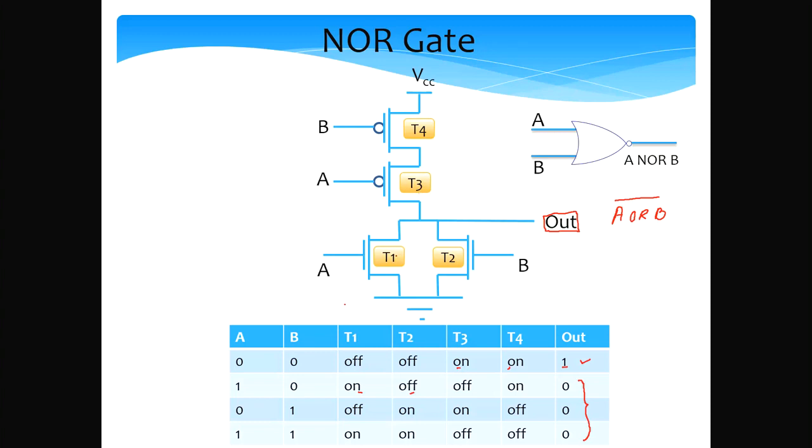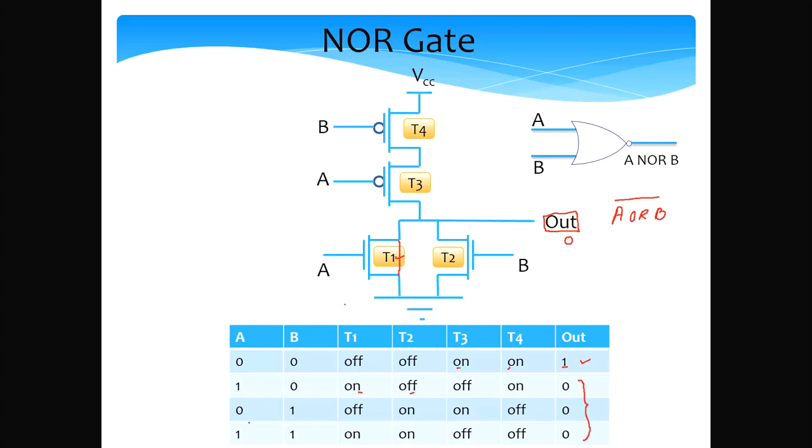But for this input, the transistor T1 is conducting, so the output terminal is directly connected to ground. Essentially we can add a straight line over here showing it is directly connected to ground. As a result, the voltage at the output terminal is equal to the ground voltage, which is 0, and thus the output is a logical 0.